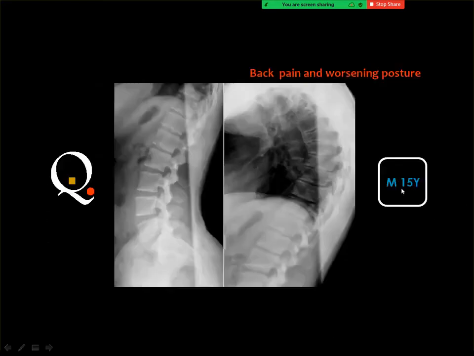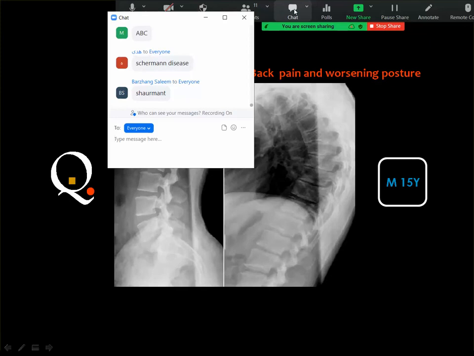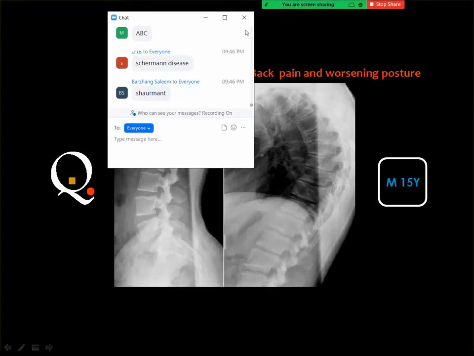This is a male child, not a child, let's say adolescent, 15 years old with back pain worsening by posture. Okay, Scheuermann disease, right answer.